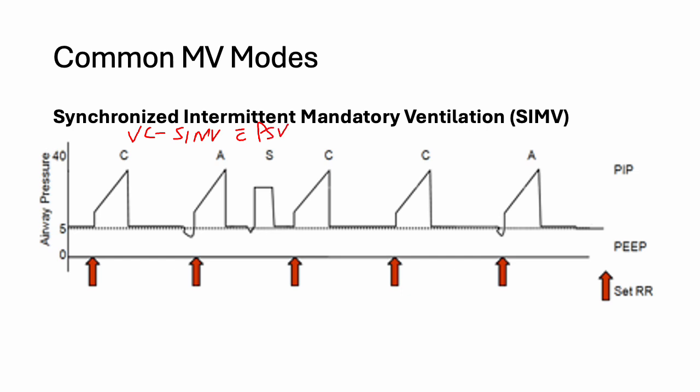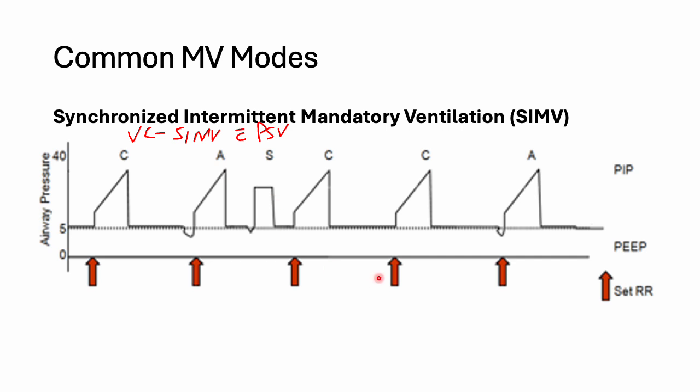Because a volume delivered breath looks like a shark's fin, compared to a breath that is delivered by pressure, which is a square wave. So a shark's fin on a pressure time curve tells you that this is a volume delivered breath. A square wave on a pressure time curve tells you that this is a pressure delivered breath.